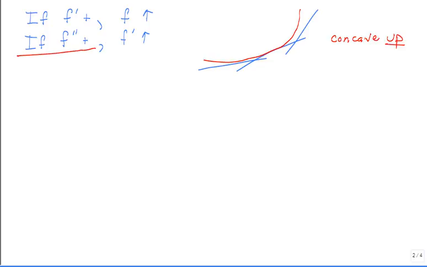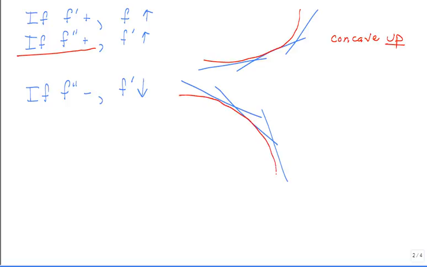If f double prime is negative, then f prime is decreasing. So if your slopes are real steep and then they're decreasing, then it's concave down. If f double prime is negative, we get concave down.